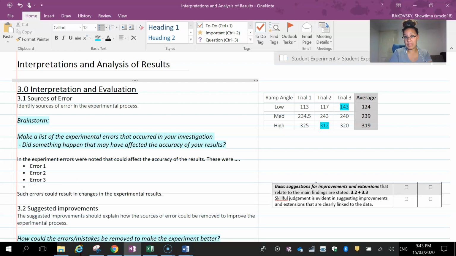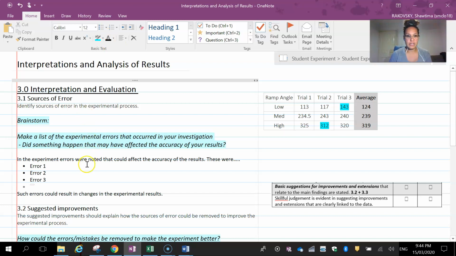You can understand why I haven't given them, because it's very specific to your experiment. I've given you some suggestions of where it might have been. You might need to refer to your teacher if you're unsure, or the group that you worked with, to find things that you think might have been or could have been done better.